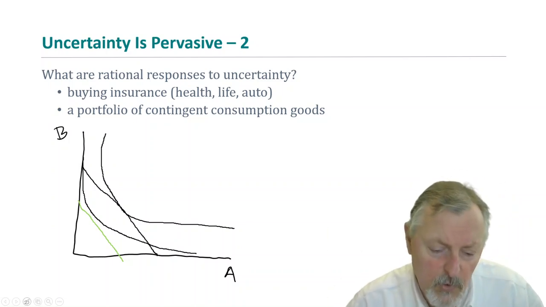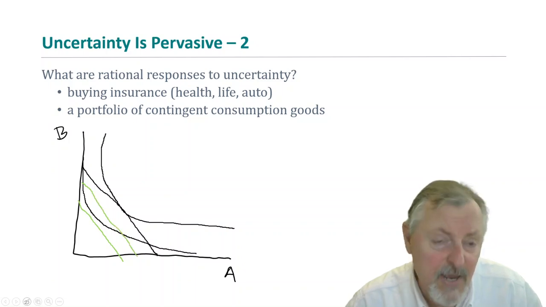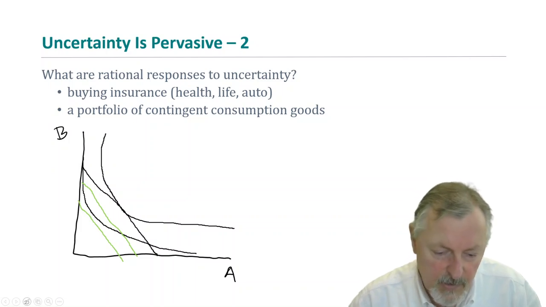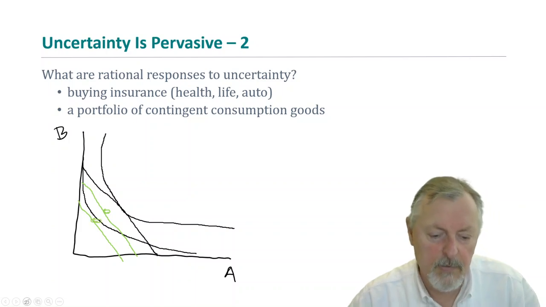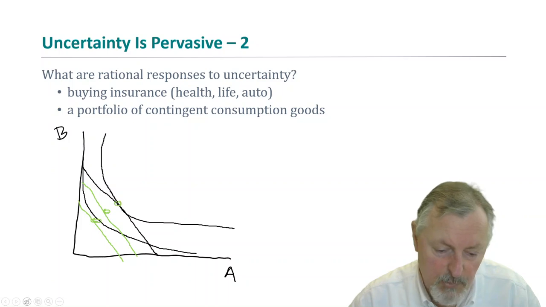Well, what happens if your budget line was there? Same prices, but you have an intermediate amount of money. Well, then maybe you'd pick, I don't know, that point instead of that point. If you go to the first budget line I drew, you'd be at that point.